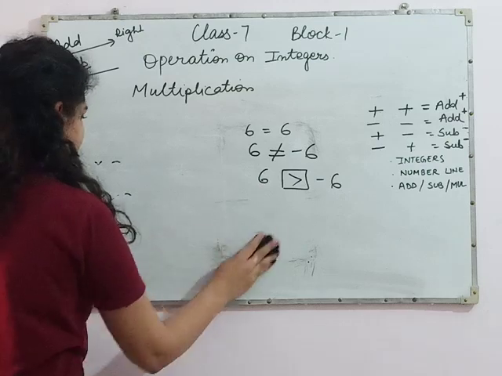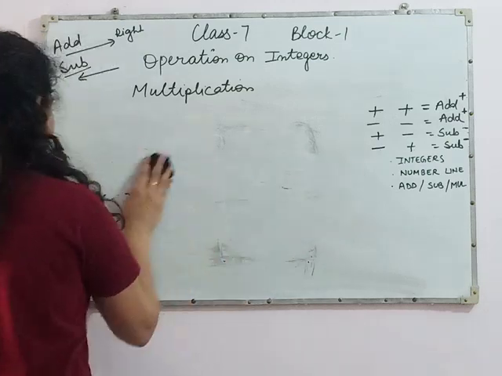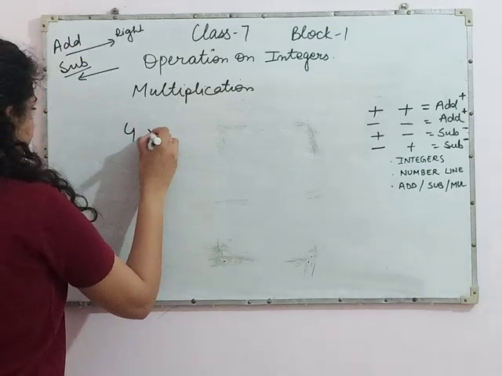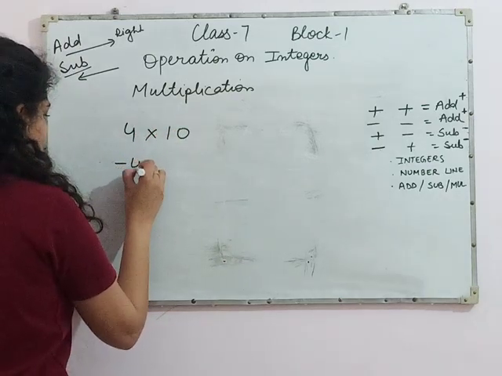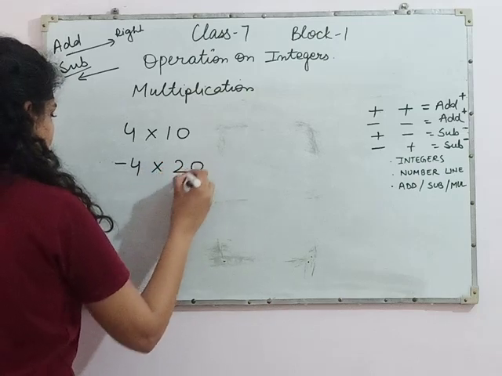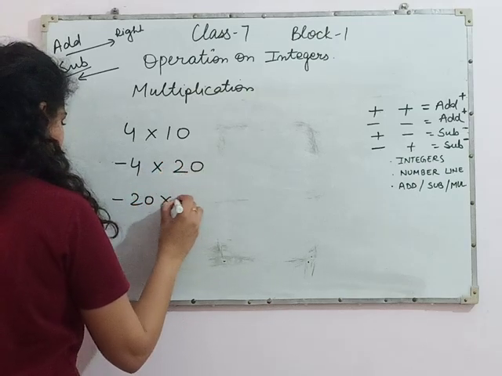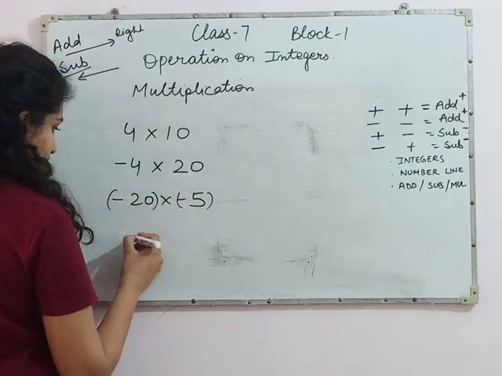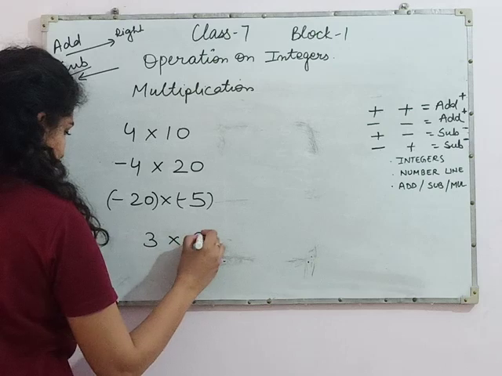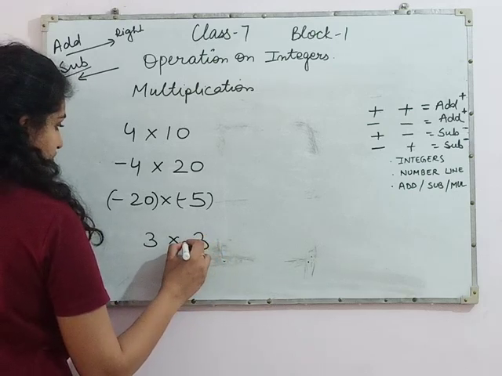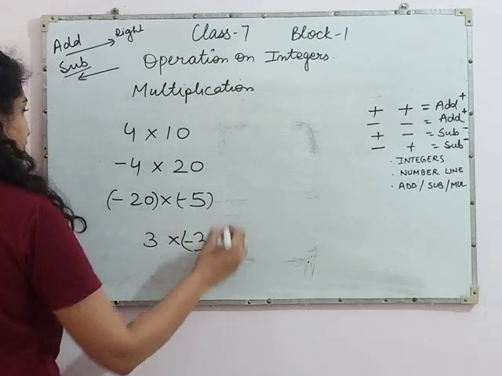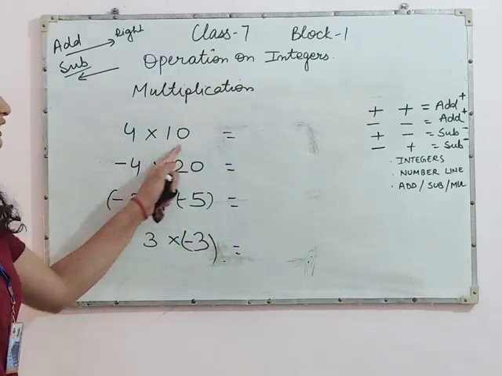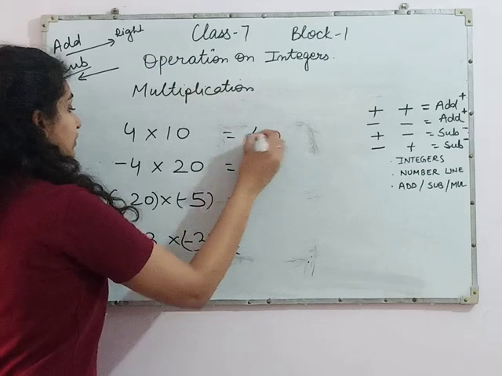Take some more examples. 4 tens are 40. Both are positive.